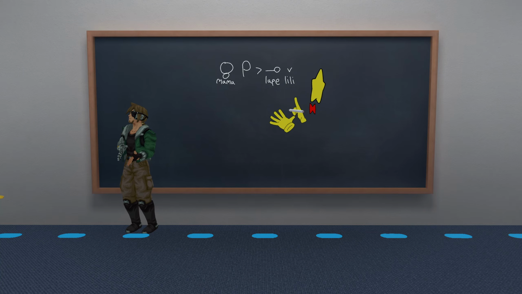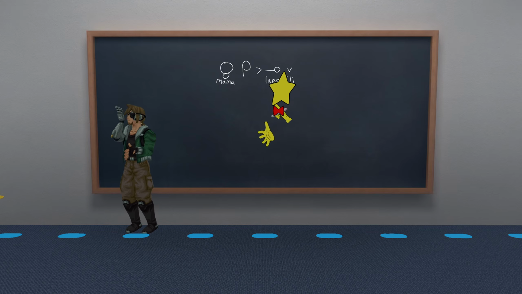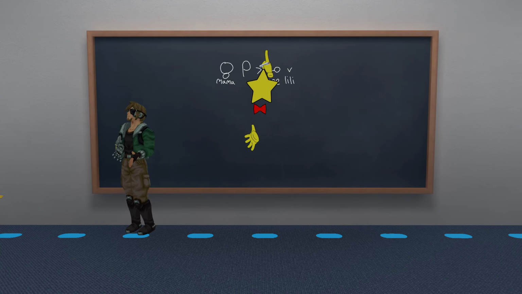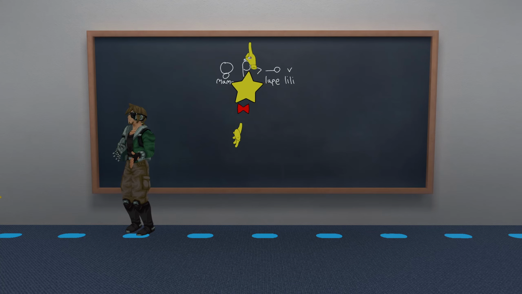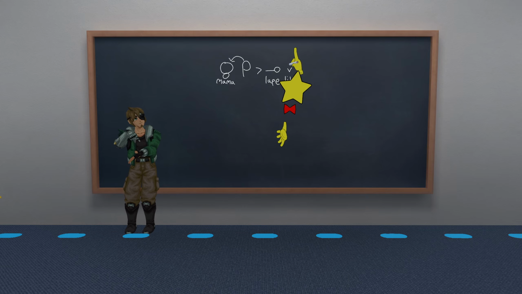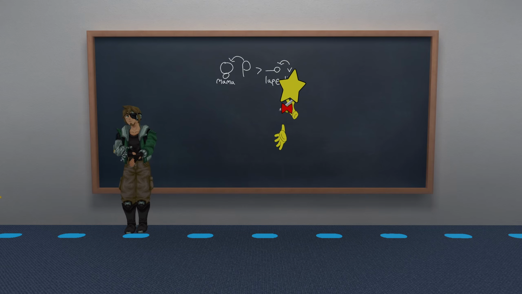So, before we get to the words, let's look at the whole sentence. We see li here in the middle, and we know that this first word is the subject. So mi modifies mama, and over here, lili modifies lape.